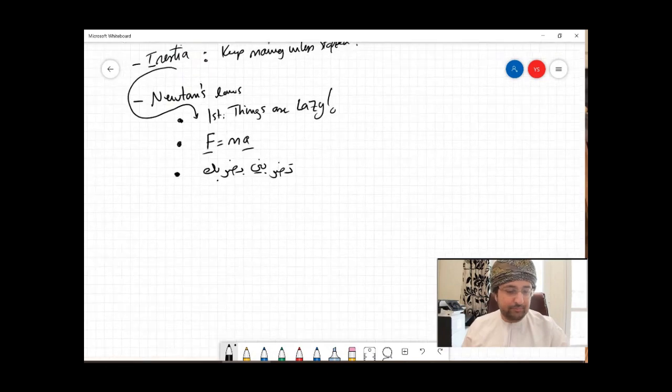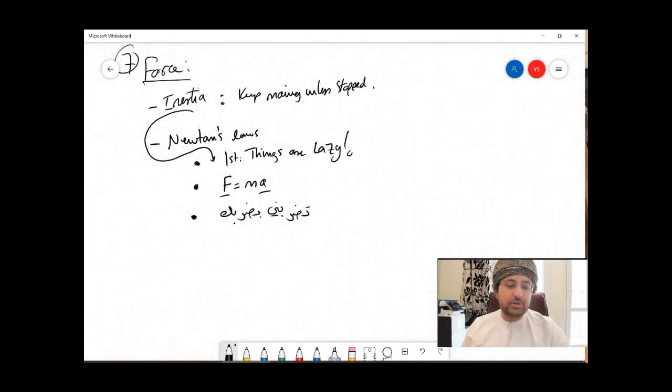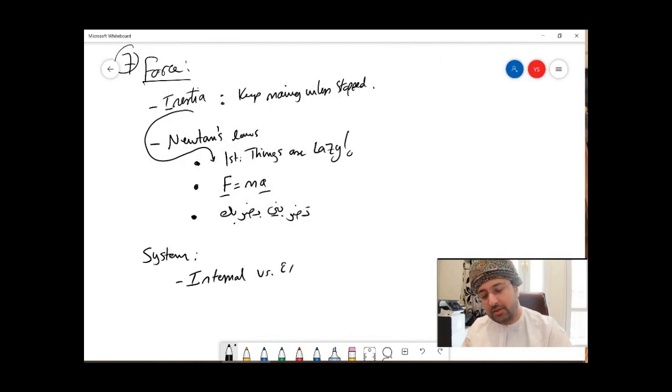Then we introduced the idea of a system as a collection of things that are treated as one. And we said we have internal forces, which are from within the system, and external forces that are from outside the system.